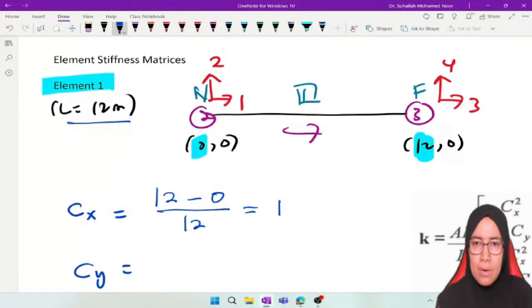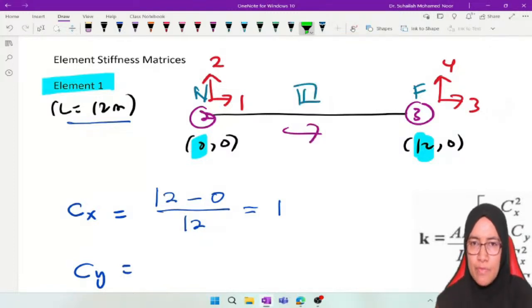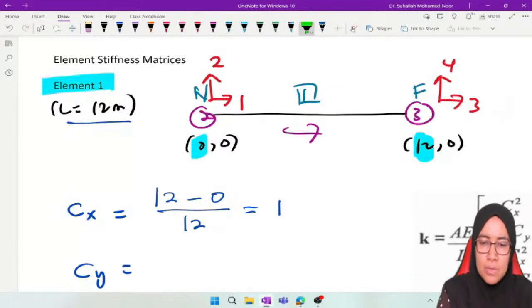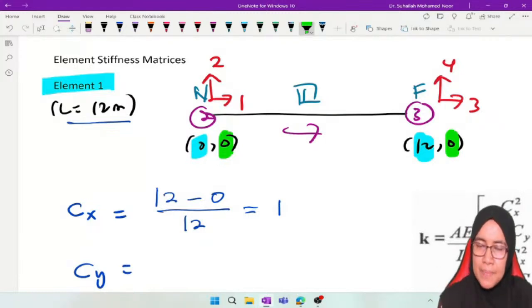Now when we want to calculate the value of Cy, we have to refer to the y value. This is y for near, y for far. It is far minus near.